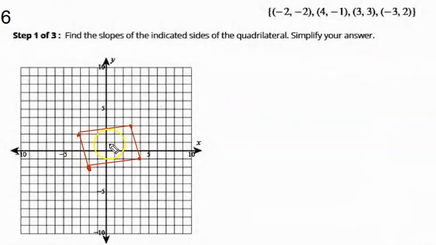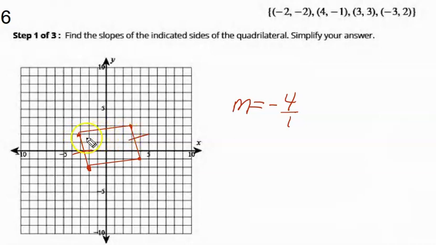Well, these two lines are parallel because it's over 1 and then up 1, 2, 3, 4. So the slopes of this line and this line is a negative 4. And in a sense over 1, but don't write that 1. That's negative 4.